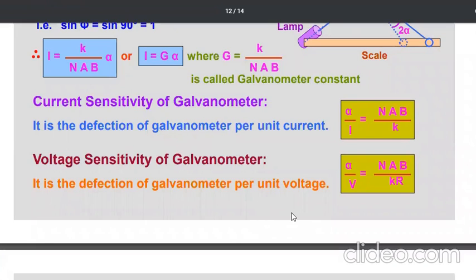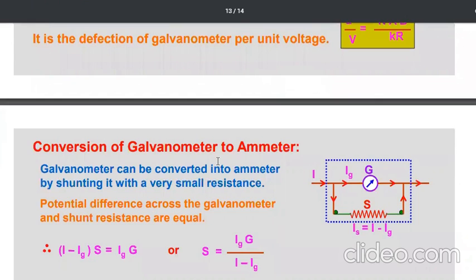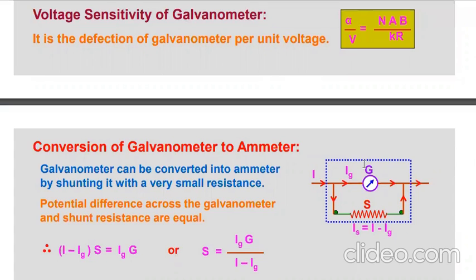Now try to understand conversion of galvanometer to ammeter. In order to convert a galvanometer into an ammeter, the resistance of the galvanometer must be reduced because an ideal ammeter has zero resistance so that it can measure current more accurately. So here we have to reduce the resistance of the galvanometer.